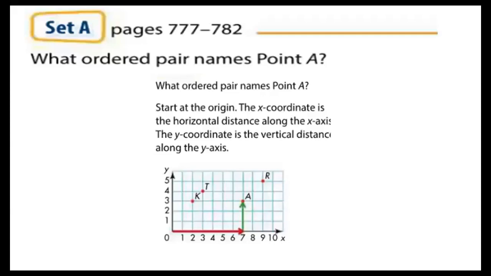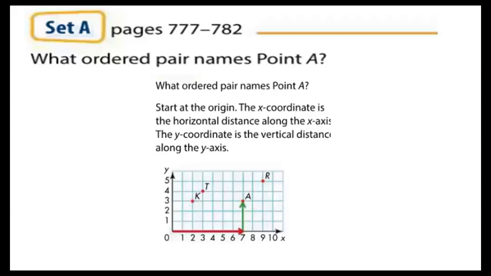So if we select point A, I want you to determine the ordered pair that represents point A, because the book asks this question at first: what ordered pair names point A?